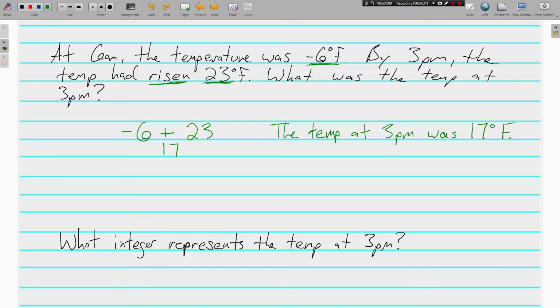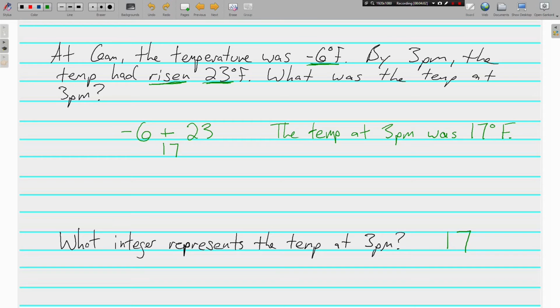All right. Please be careful when you're doing these word problems, these real-world problems, to answer what you're asked. What if the question had said, what integer represents the temperature at 3 p.m.? All right? When it says what integer, it's just asking you for a number. This would have a different answer that wouldn't require a whole sentence.